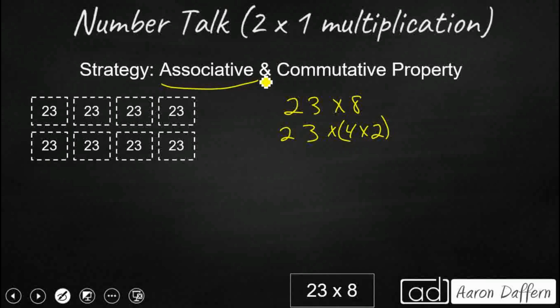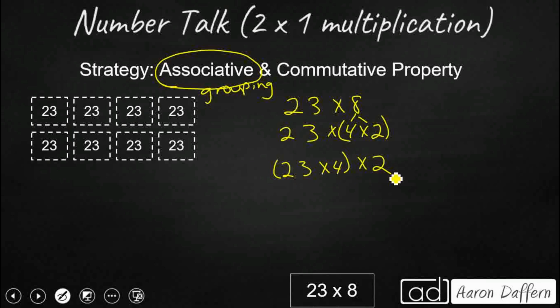Now, the associative property is also called sometimes the grouping property. So if you have 3 or more factors, in addition it has to be 3 or more addends, you can change the grouping. Right now I've got 4 and 2 grouped together because that's what I broke 8 apart into. But I could take my 23 and 4, and I can bring those together and leave 2 on the outside.